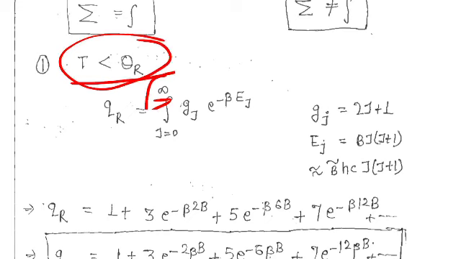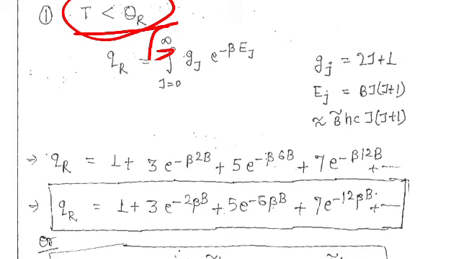Alright, so we know that the degeneracy of the rotational state is 2j plus 1, and the energy is Bj(j+1), or in centimeter inverse we can write it like this also. Now we are expanding it.